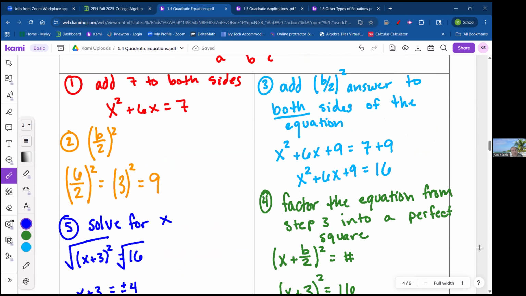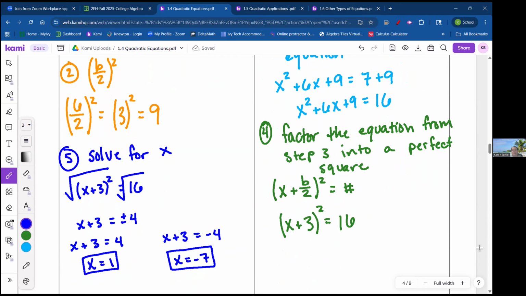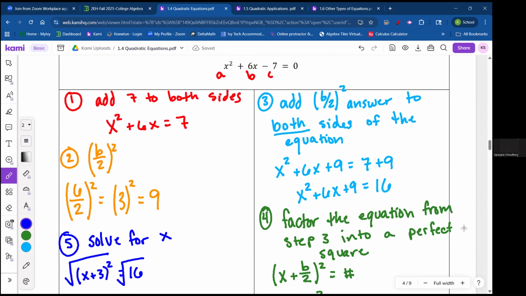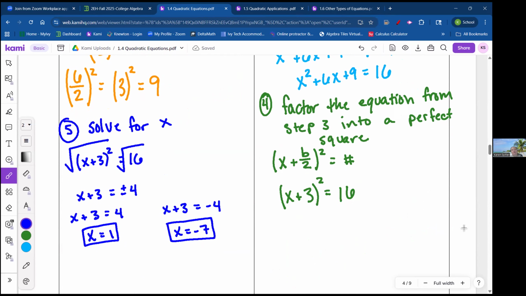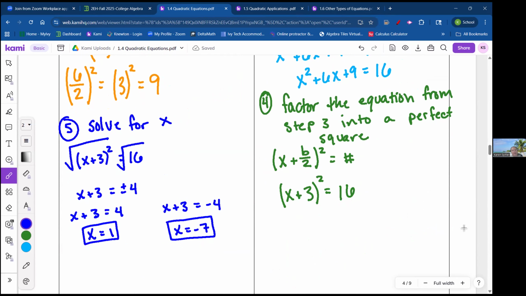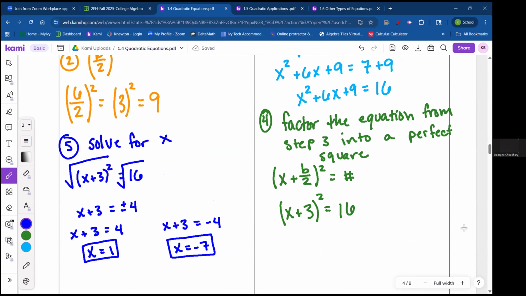Well, if it tells you to solve the problem by completing the square, you will be expected to follow these 5 steps. So it will be written that you need to solve the problem by completing the square. Okay.